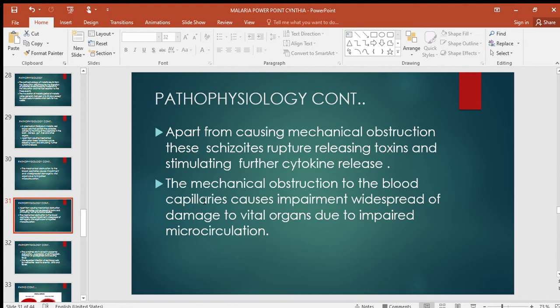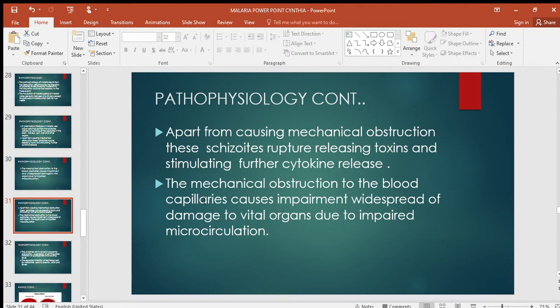So when it comes to the kidney, it's the same thing. The parasites have entered those red blood cells. Those blood cells are heavy, they are not moving the way they're supposed to move. There's mechanical obstruction, and so the kidney cells are not receiving adequate blood and oxygen that they need.